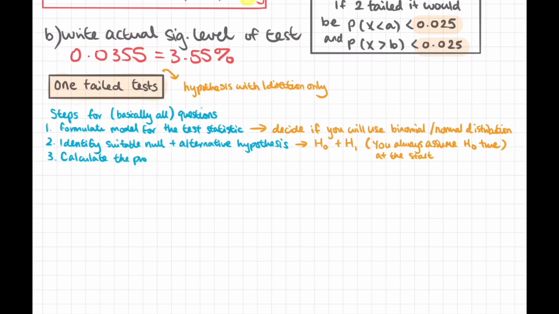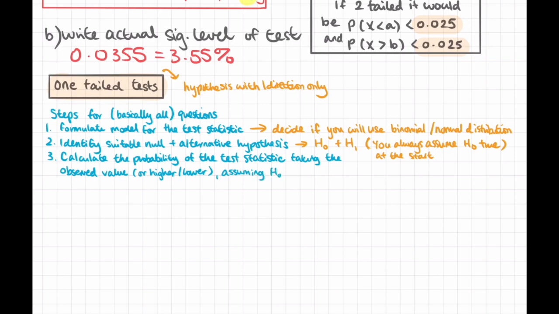Calculate the probability of the test statistic taking the observed value or higher, lower, assuming H0 is true. Yep.